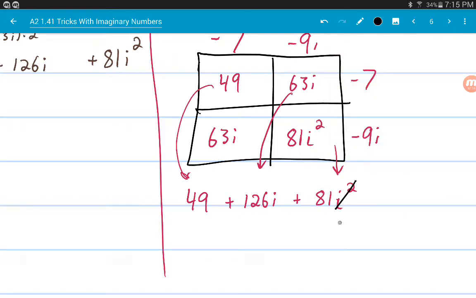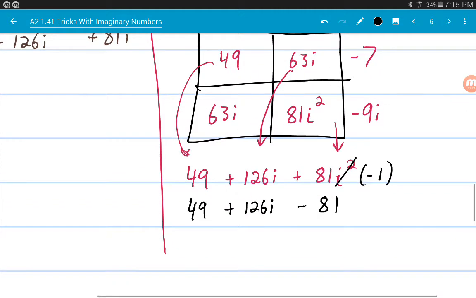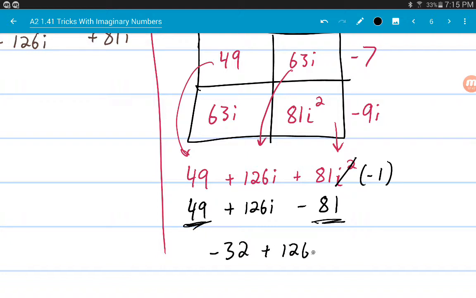Never forget that. That becomes a negative 1. So that means this whole term here is actually minus 81. So I get 49 plus 126i minus 81. Now this and this are like terms, so I combine them and I get negative 32 plus 126i.